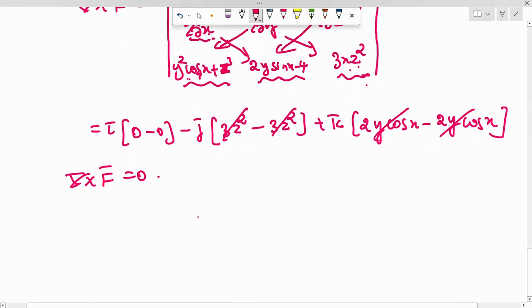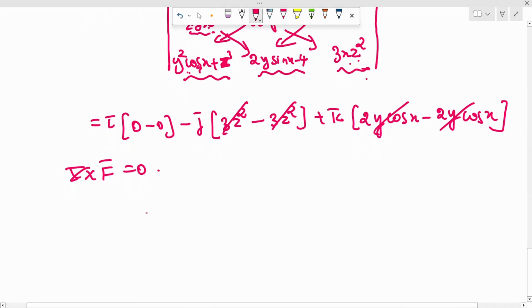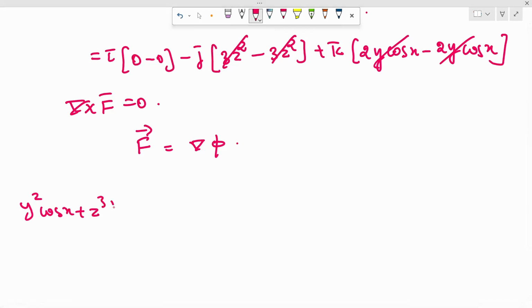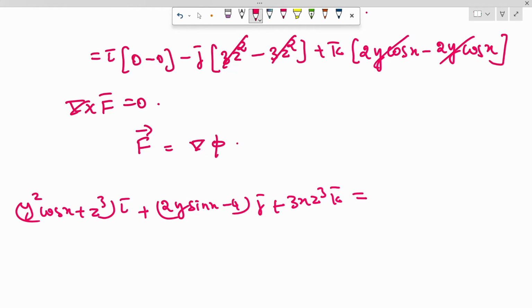First part we proved. And now we are going to find the scalar potential phi from this f vector equal to del phi condition. First you write clearly the given f vector, which is y square cos x plus z cube into i vector plus 2y sin x minus 4 into j vector plus 3x z square into k vector equal to del phi.